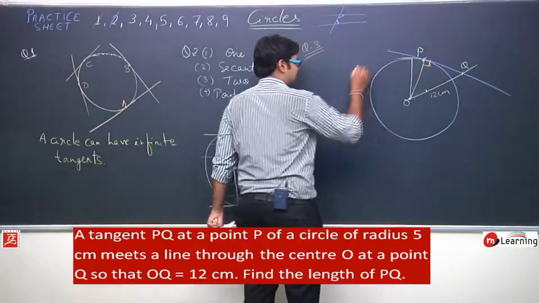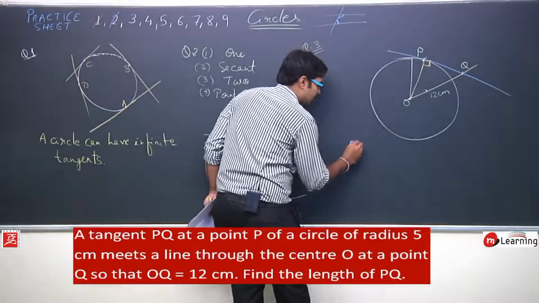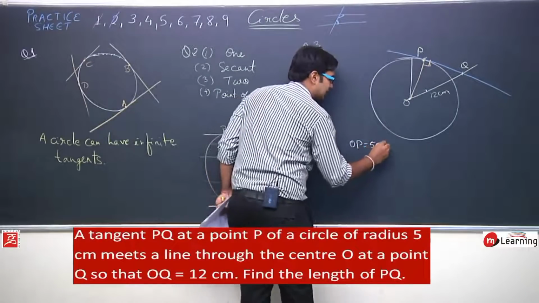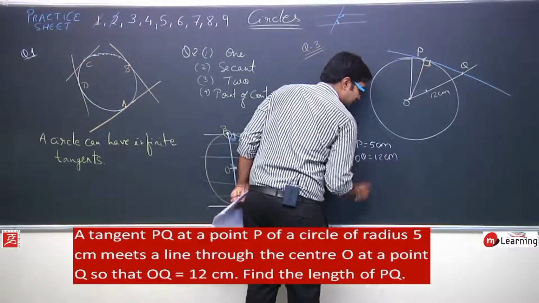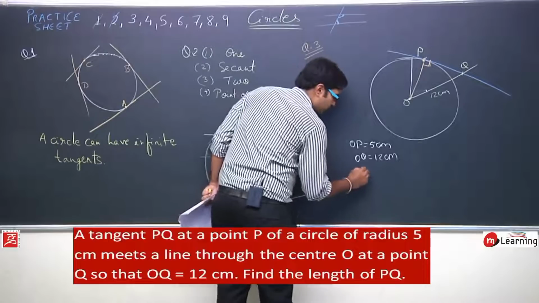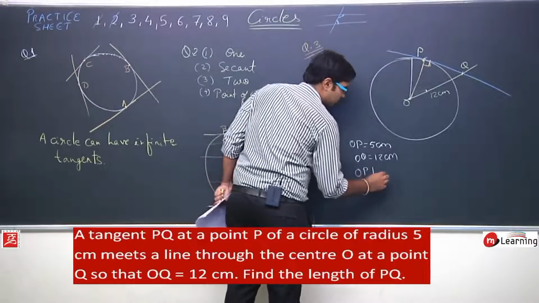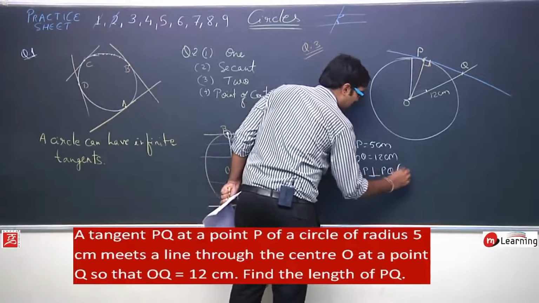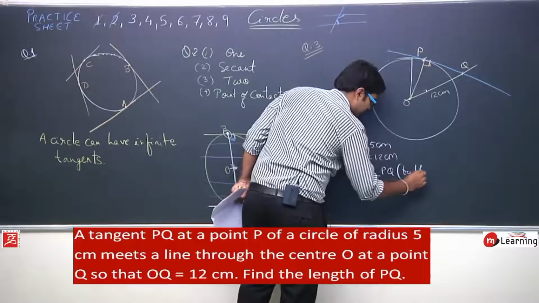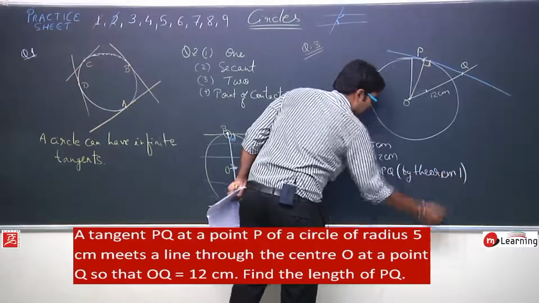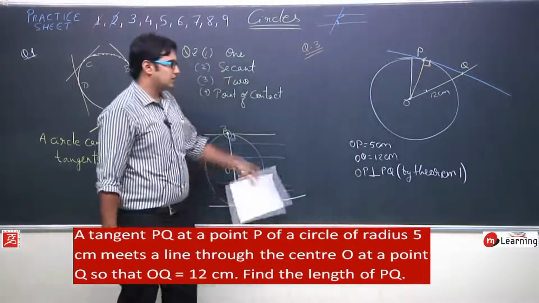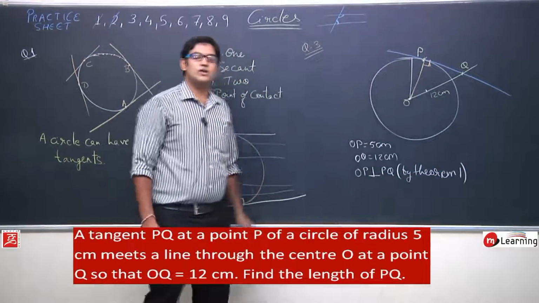So OP is equal to 5 centimeters, OQ is equal to 12 centimeters, and OP is perpendicular to PQ by theorem 1.